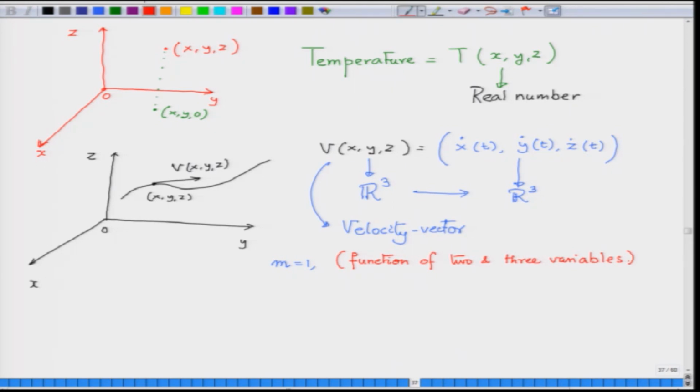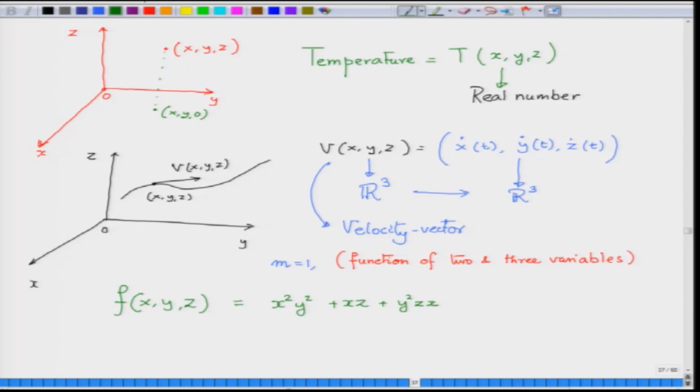Let us take an example. Let us take a function f of x, y, z equal to x square y square plus xz plus y square zx.